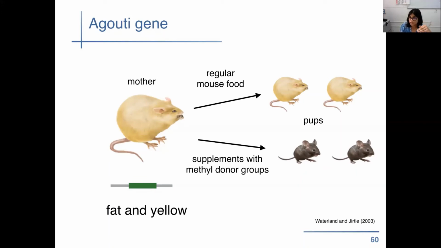When they looked at this, both these sets of pups had the gene, except that the gene in the healthy pups was turned off epigenetically. They had silencing marks on top, but the DNA was the same. It was just silenced because the mother was fed a healthier diet.